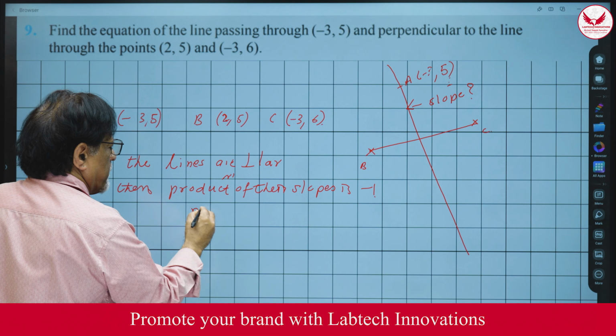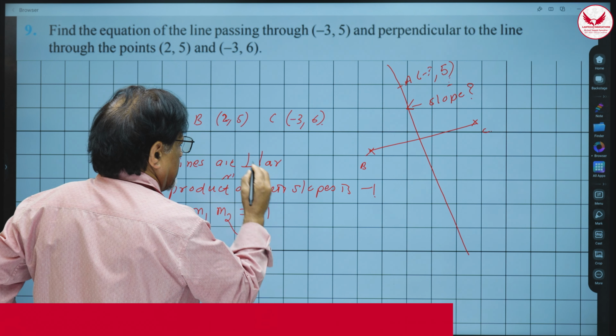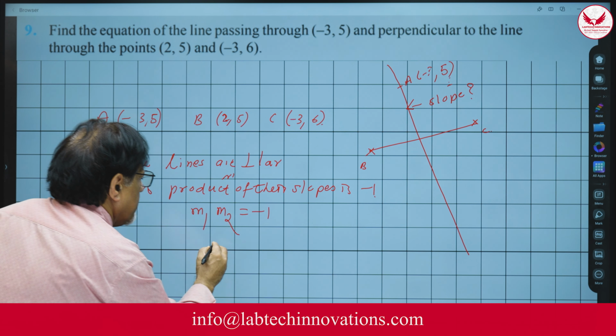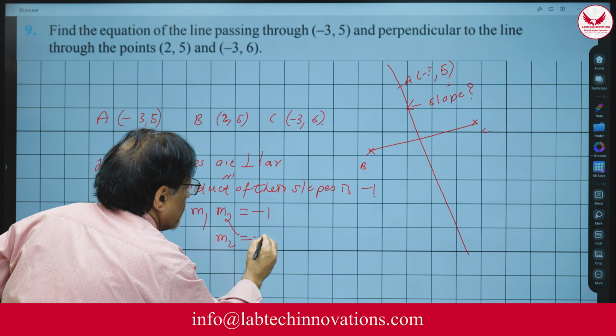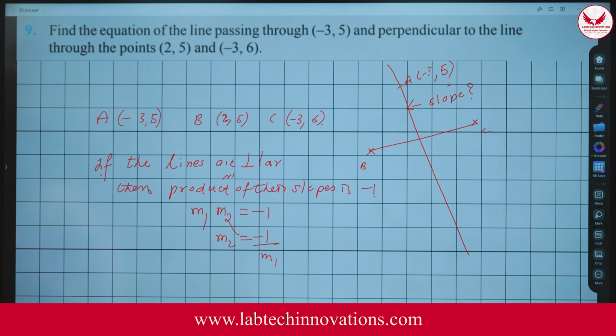That means if the slope of one line is m1, slope of another line is m2, then m1 times m2 is minus 1. In other words, m2 is equal to minus 1 upon m1. So it is a negative reciprocal of the original line, correct?